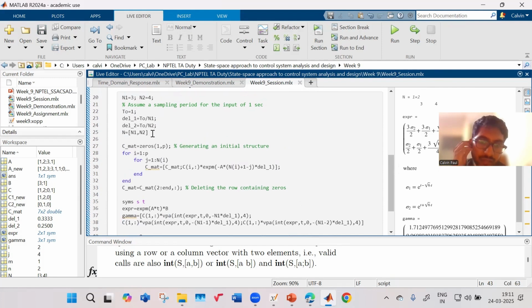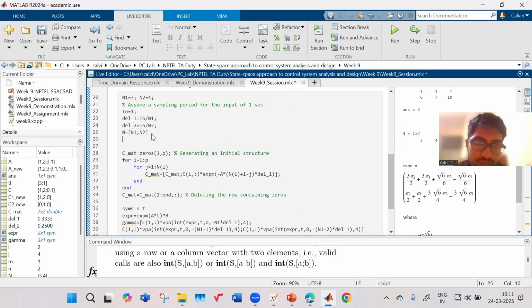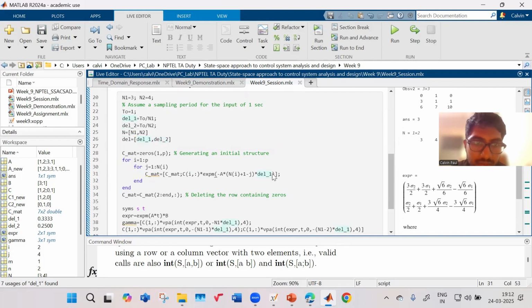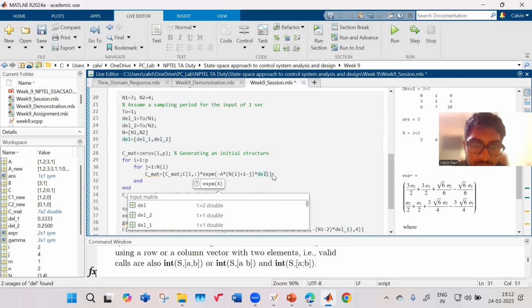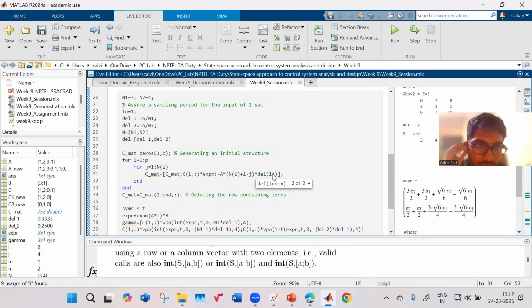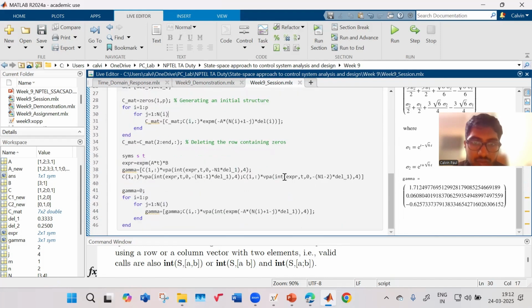So this thing should be del 1, del 2. So del equal to del 1 del 2. It should be del into j into I. So integral of expression, what is the expression?